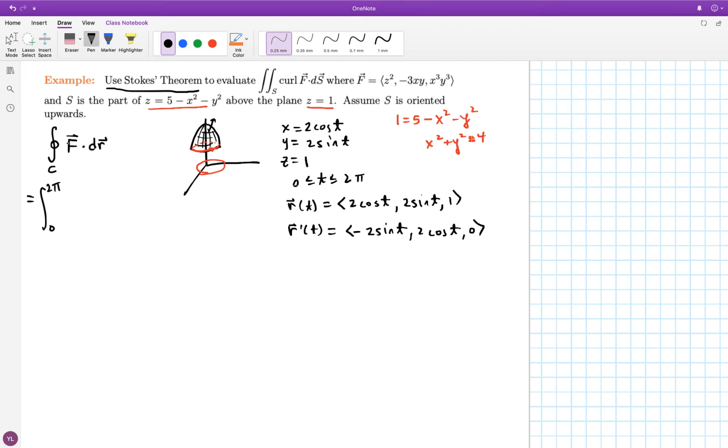So I'm going to evaluate the vector field, which is this, at the parameterization. I take the z component squared, which is 0, minus 3 times x times, oh, not 0, sorry. Looking at the wrong one. So the z component squared is 1, and then negative 3 times the x times the y. And then x cubed, y cubed.